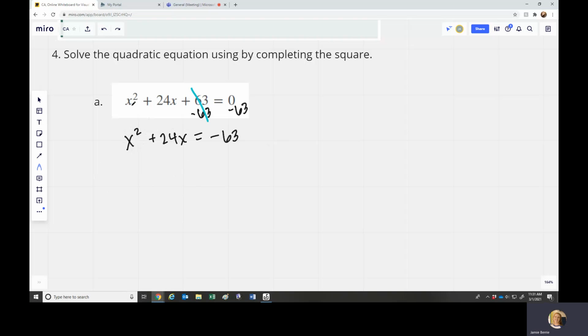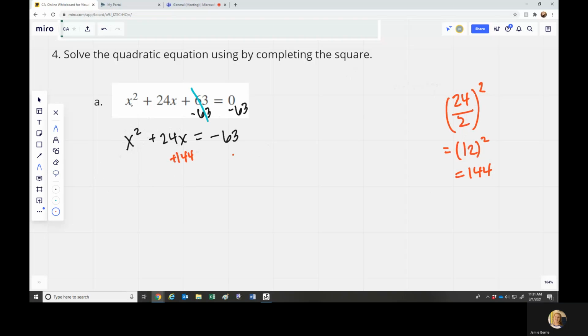Step 3 is to take your middle term, go off to the side, do a little bit of scratch work. So take your middle term, divide by 2, and then square that number. 24 divided by 2 is 12. 12 squared is 144. So you're going to add 144 to both sides.